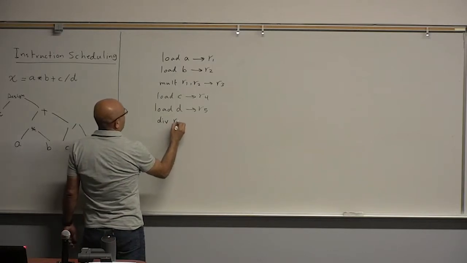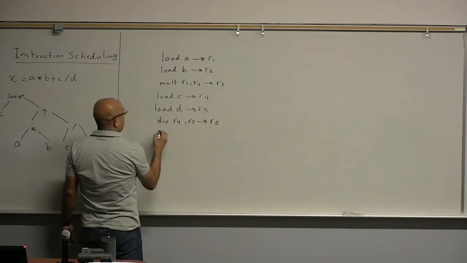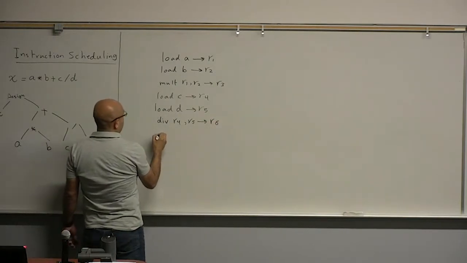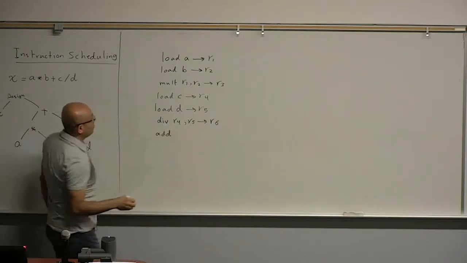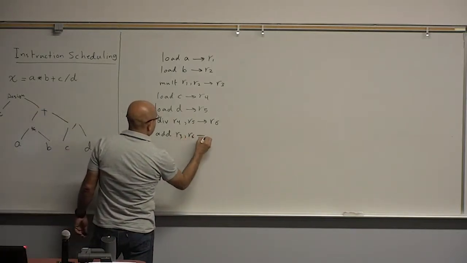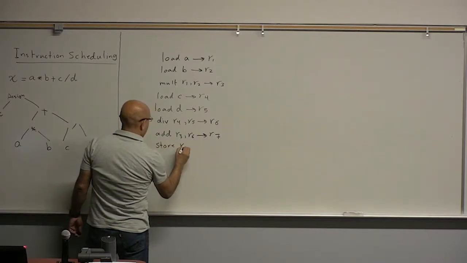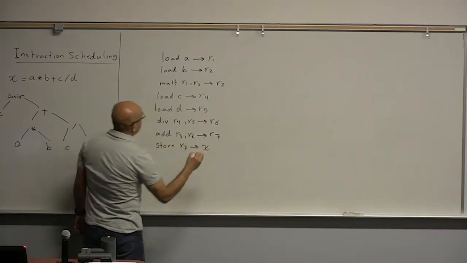R4 by R5 and putting the result in R6, then adding R3 and R6, putting the result in R7, then storing R7 into X.